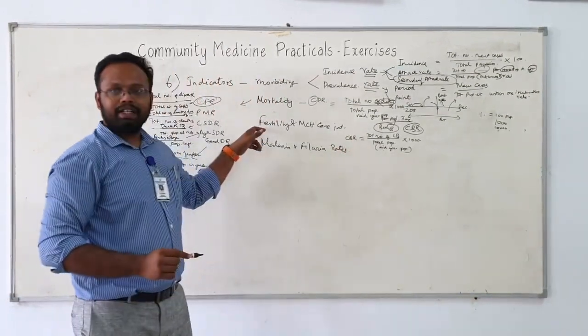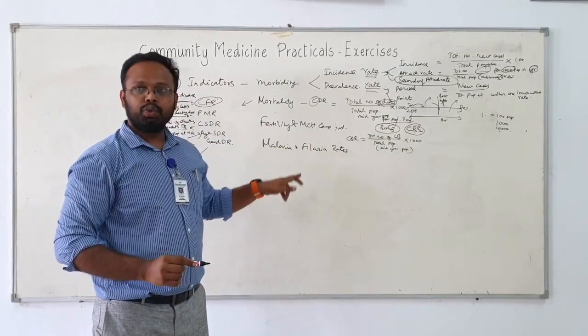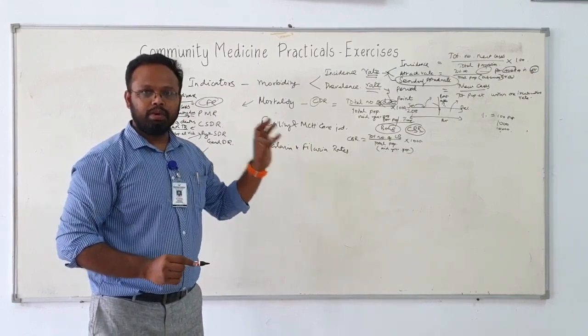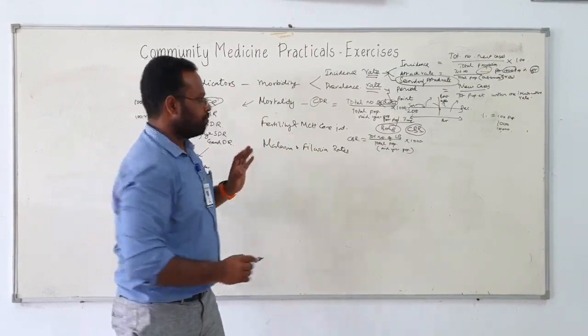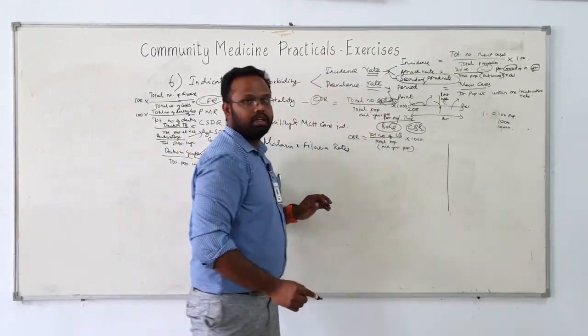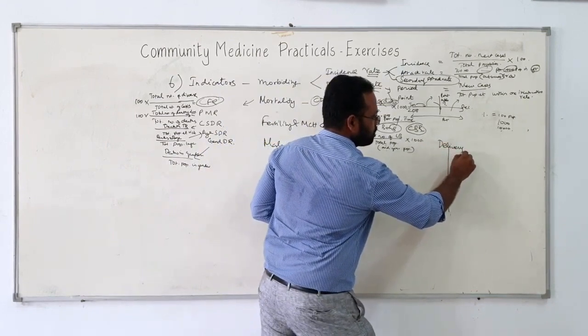To understand the other indicators of fertility and MCH care, you should understand what is meant by abortion, stillbirth, neonate, and infant. In this picture, this is the point of delivery.